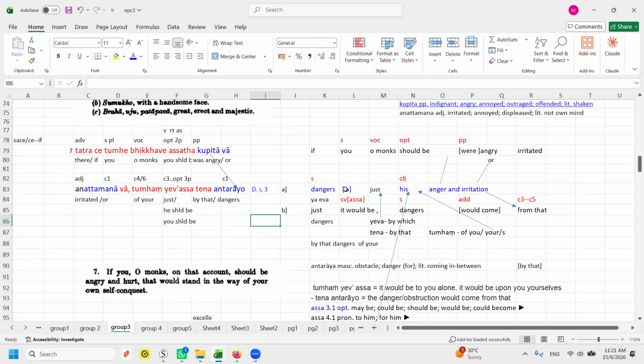Then the thing is just Yewa. We don't use by which. It's just his, in this case, Tumhang. His anger or irritation. Or if I refer to a woman, I say it's just her irritation or her anger. You understand? Okay. Very clear. Thank you. It's not so easy, but then you can figure it out.